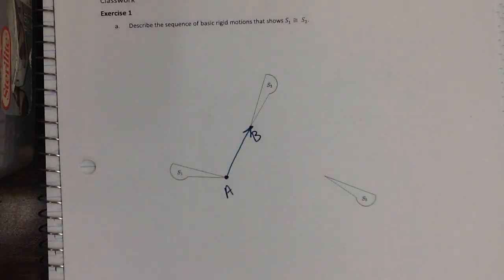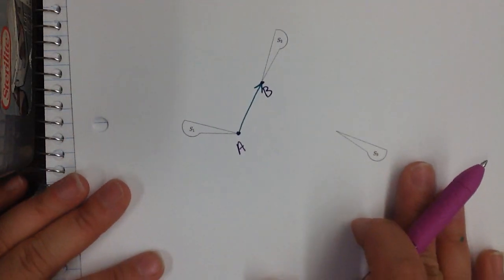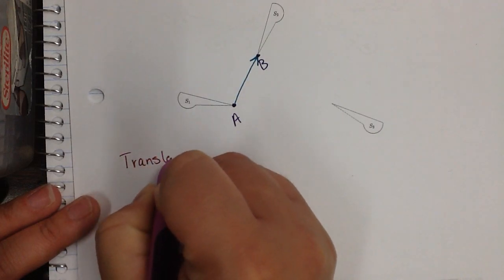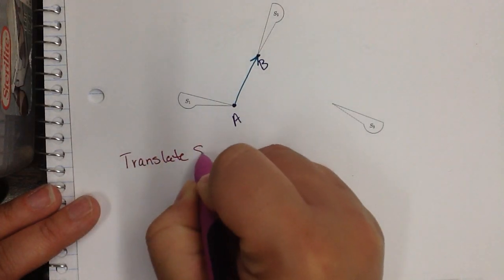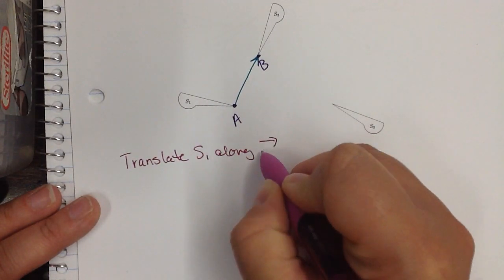So to write this, because it says describe it to show that they're congruent, you've got to write it out. So translate S1 along vector AB.